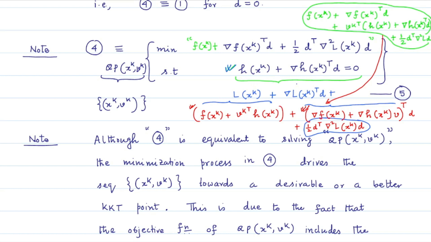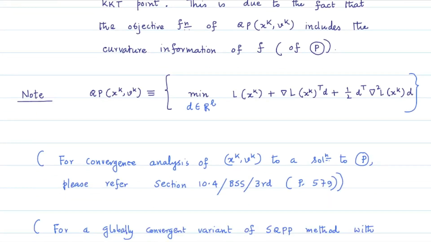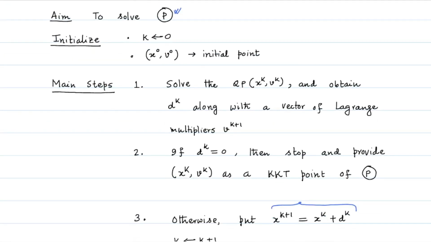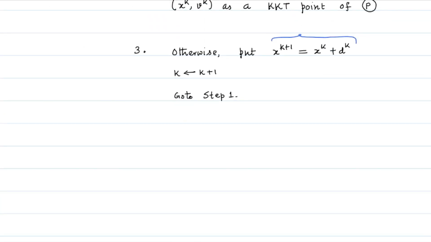Accordingly, if we have inequality constraints in the problem capital P, then we will have the addition of a few linear inequalities together with these linear equalities. Fine. So for an equality and inequality constrained problem, the quadratic programming problem QP at the current iterate (xk, uk, vk) is given by the following problem.